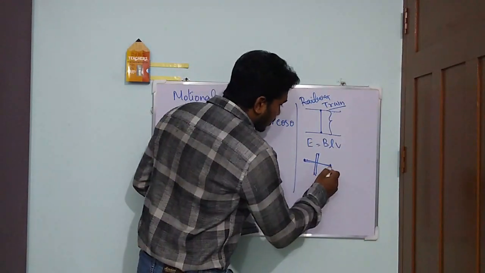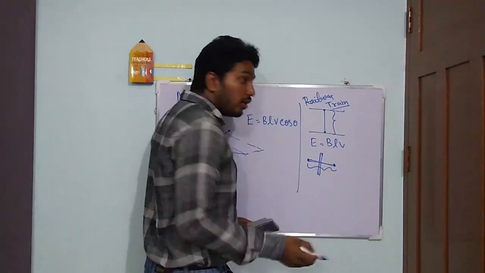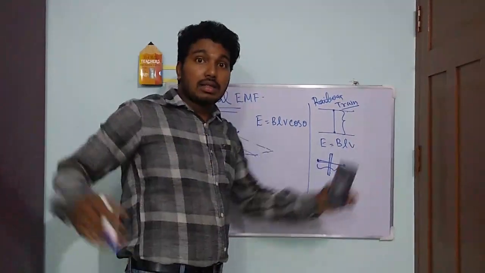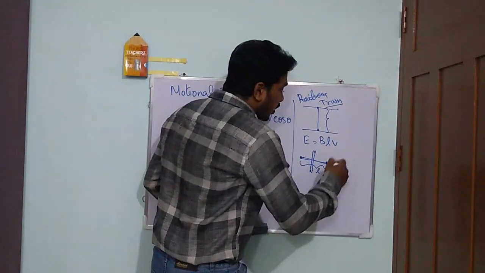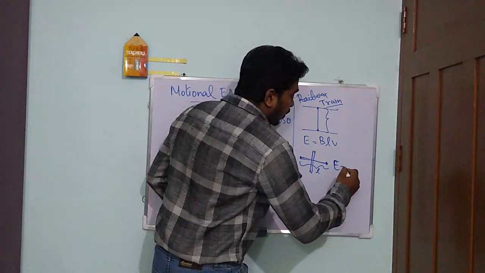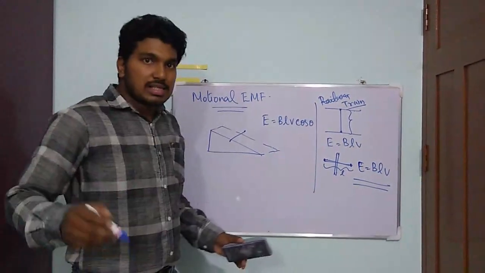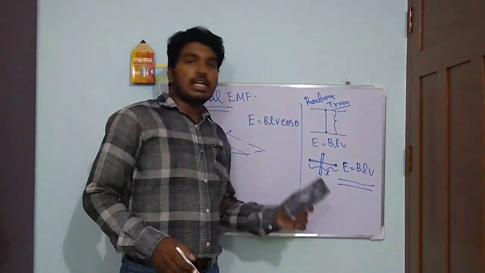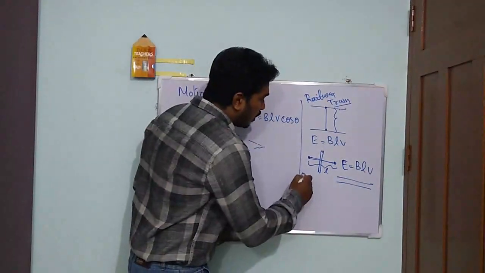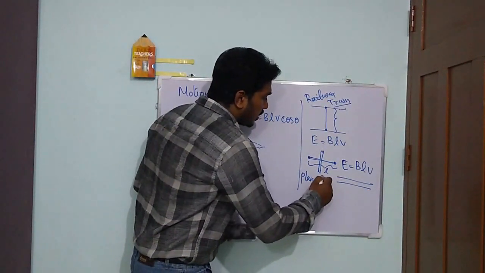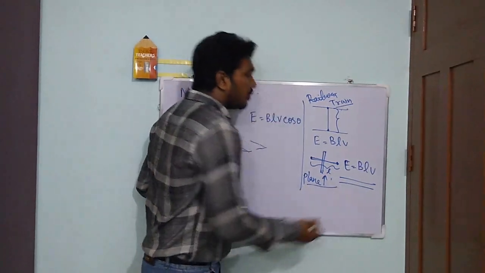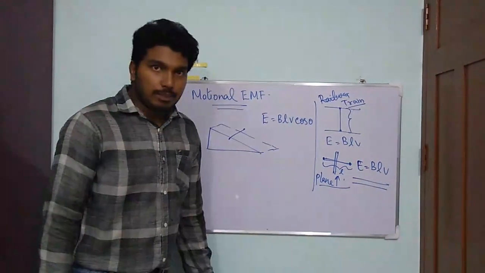Across the tips, the wingspan will be given to you in the question. So again, you can use the equation E is equal to BLV, and the vertical component of the magnetic field necessary to find the induced EMF in the case of a plane will also be given. So E is equal to BLV again.